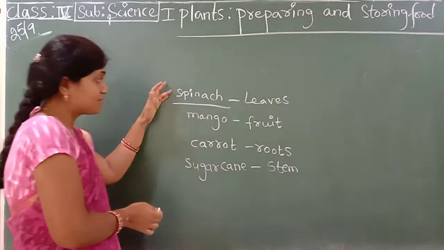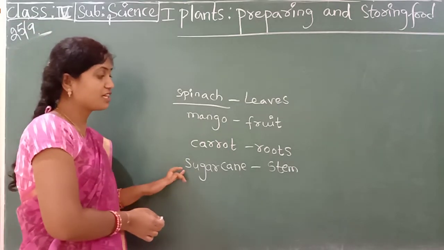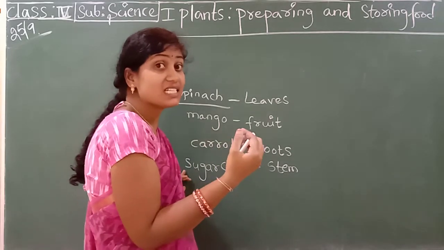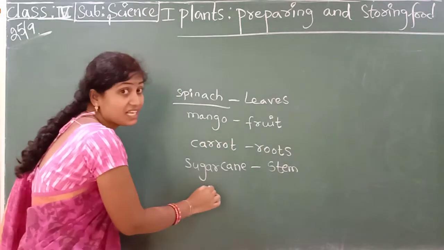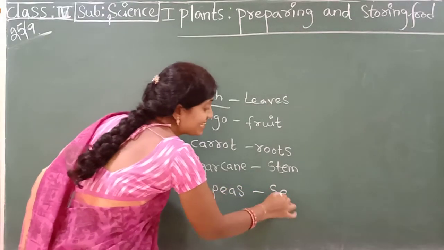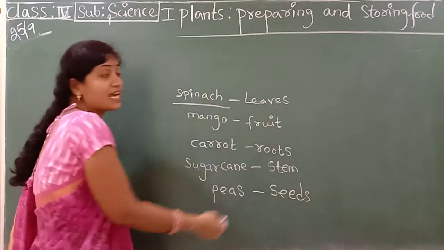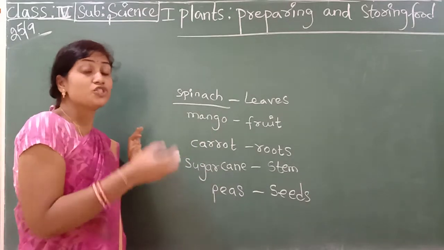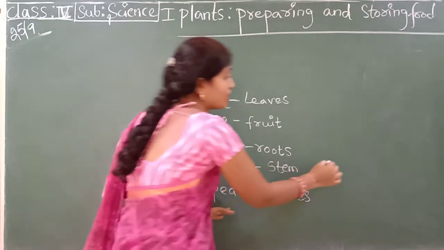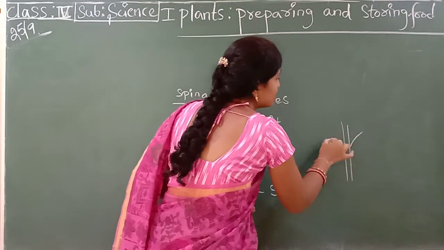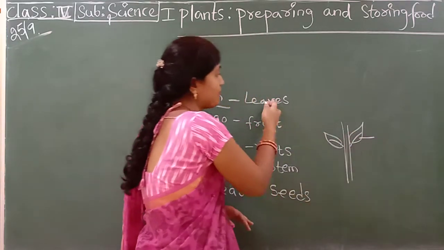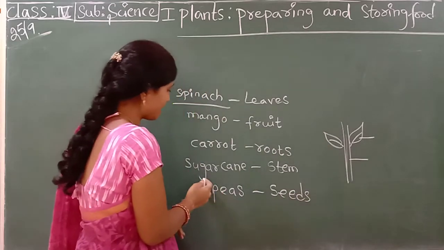So, spinach, mango, carrot, sugar cane and seeds. We are eating seeds. Say an example of seeds. Peas. Bathani. We say peas, P-E-A-S. That is the seeds. These all are different types of food stored in different parts of a plant. Leaves, spinach; stem, sugar cane.